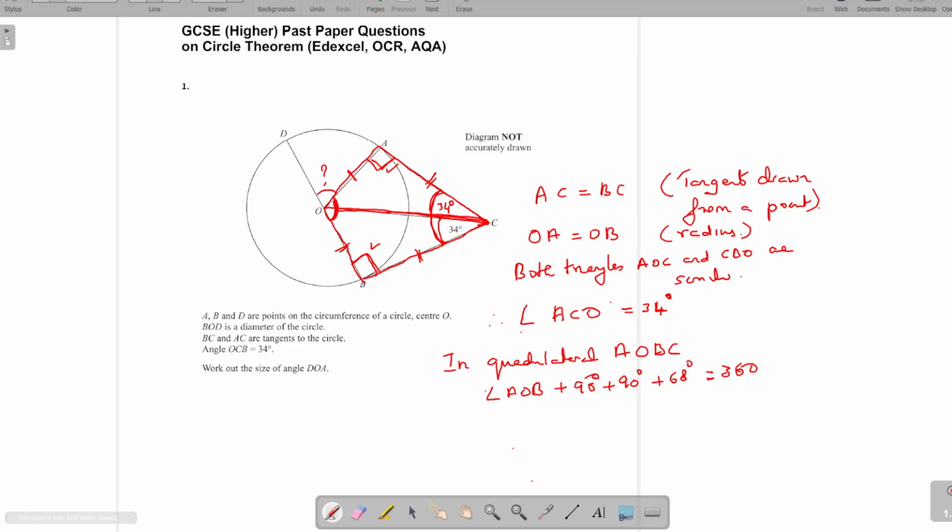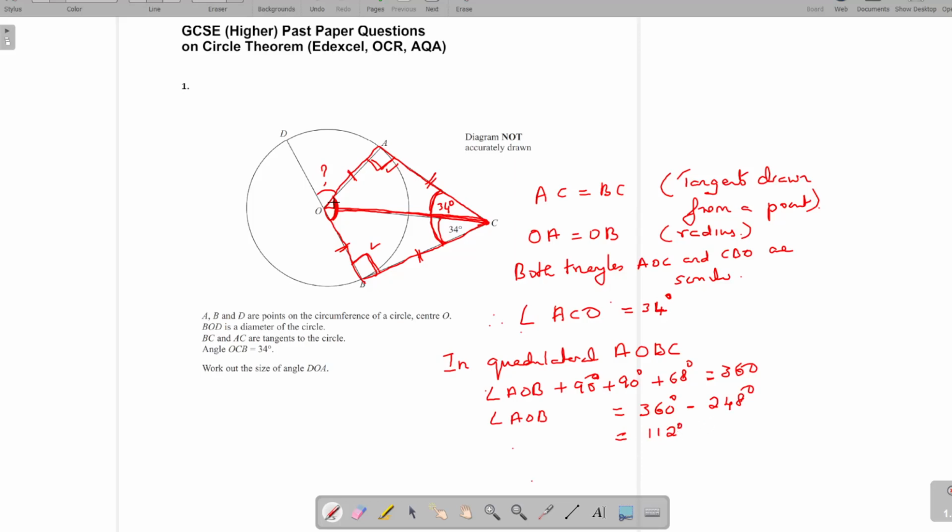So we can find the angle AOB. AOB is 360, take away all of that. 90 plus 90 is 180, 180 and 68 is 248. So that gives us 112.